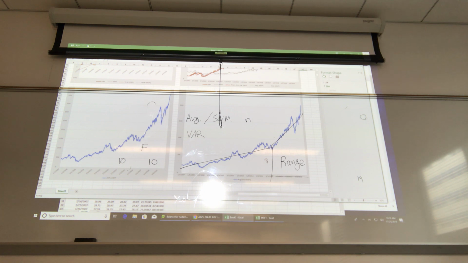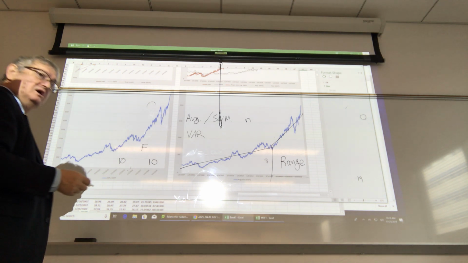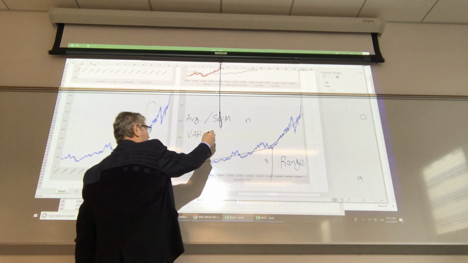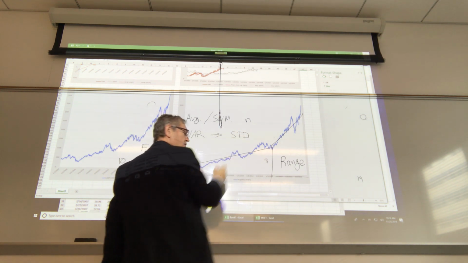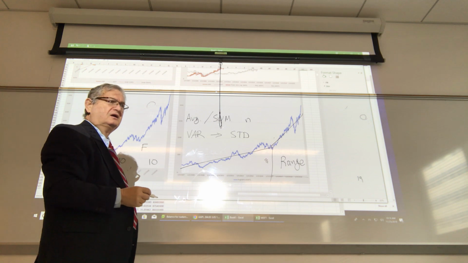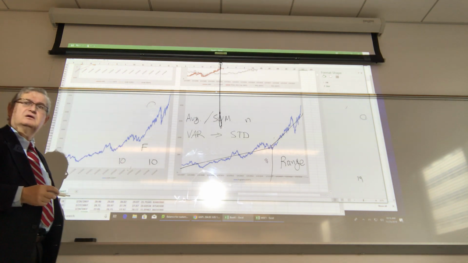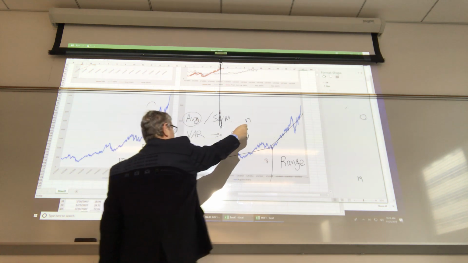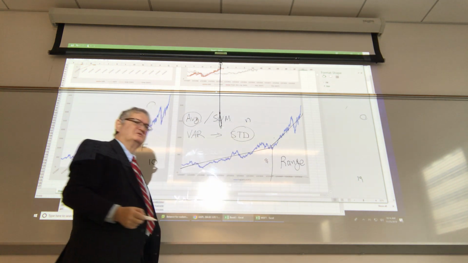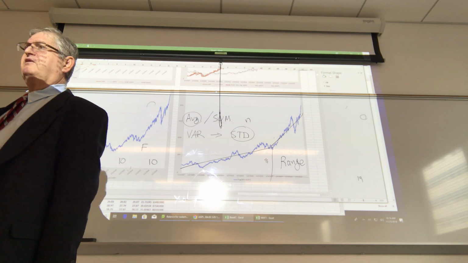In order to find the variance, you go on and put things in a power. And from the variance, you get the standard deviation. These two things are related. But the average and the standard deviation are on the same scale, while the variance is not.